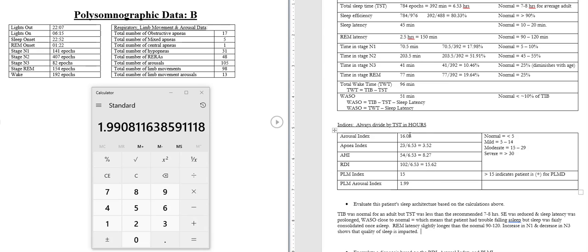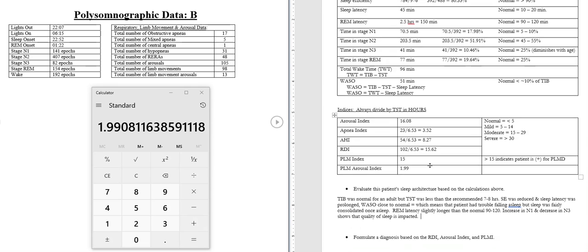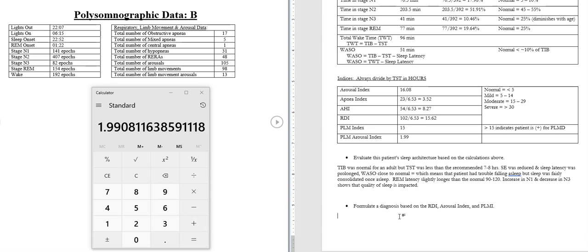Arousal index shows that they have moderate sleep fragmentation because we're using this same mild, moderate, severe criteria rating over here as we do for the RDI. But here, this is where I'm going to go down and formulate a diagnosis. The RDI is above 15, so moderate sleep apnea.